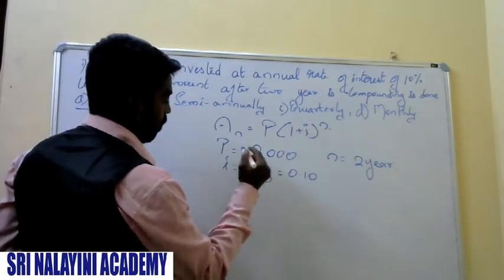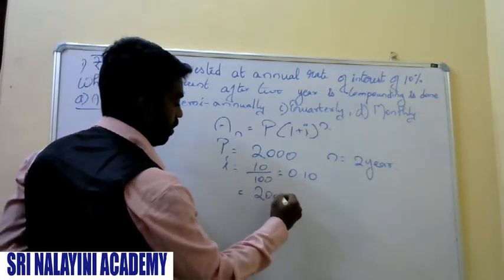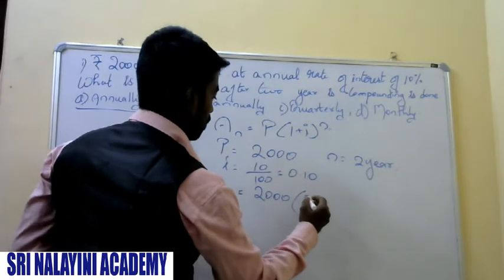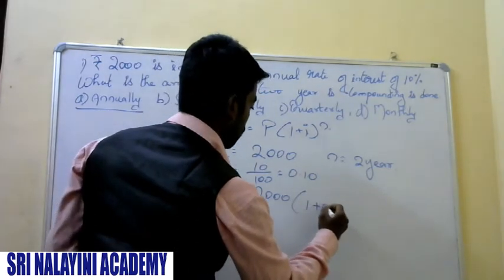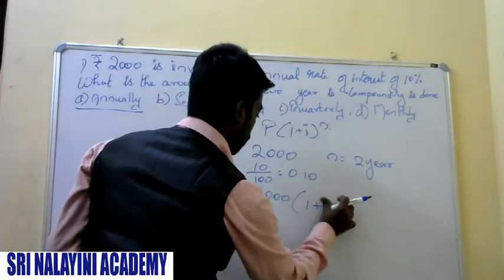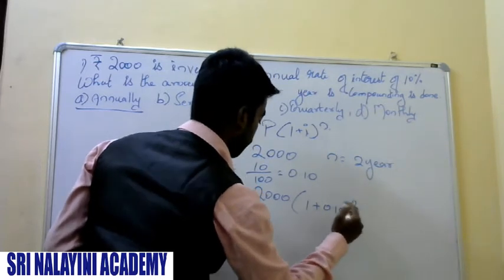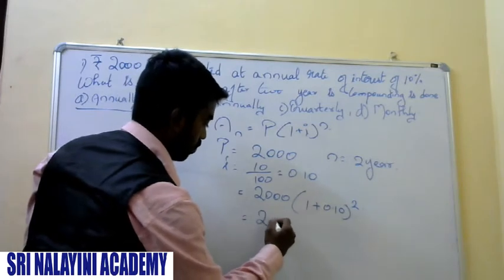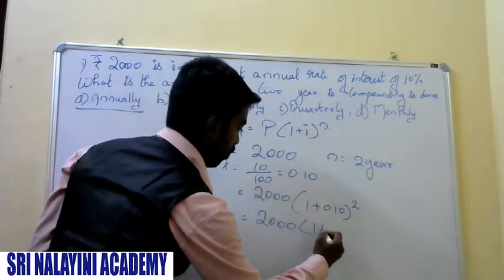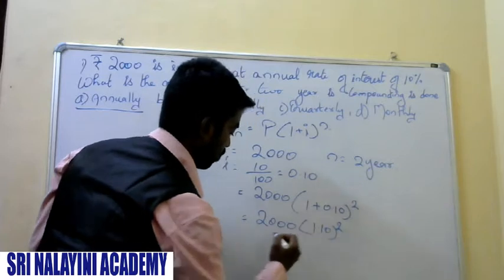We insert these in the formula: 2000 into (1 plus 0.10) power of 2, so 2000 into 1.10 power of 2.